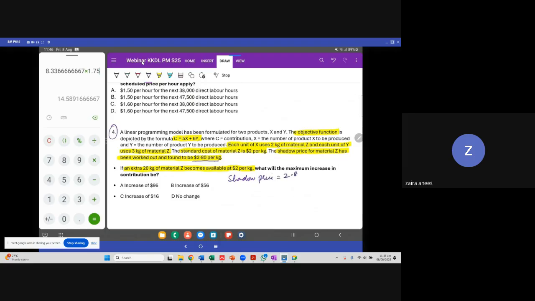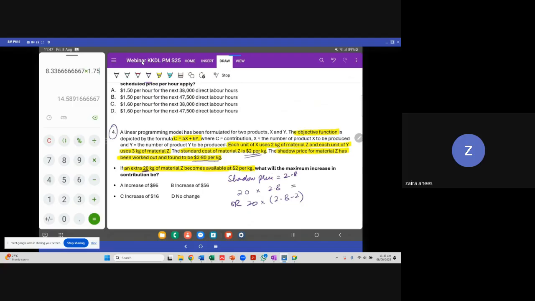right? My question, how will you calculate the 20 kilogram benefit, right? There are two options which students generally do. The first option is 20 multiplied by 2.8, or 20 multiplied by 2.8 minus this price. From both options, you will get something which is part of the options.